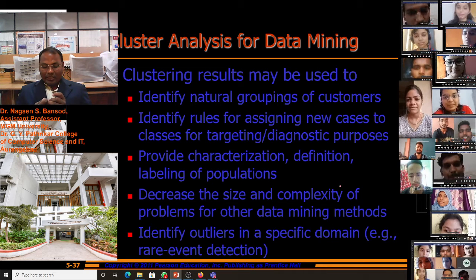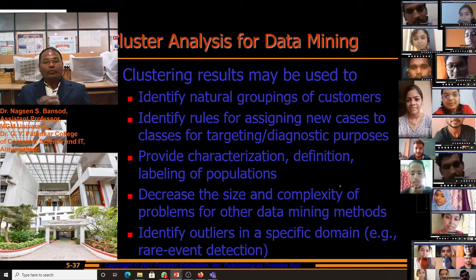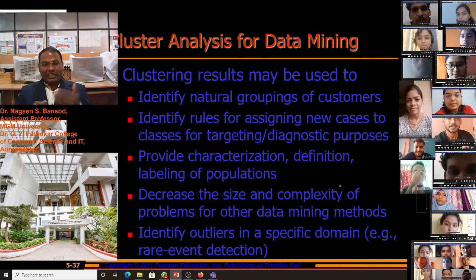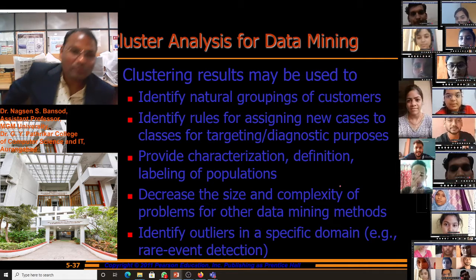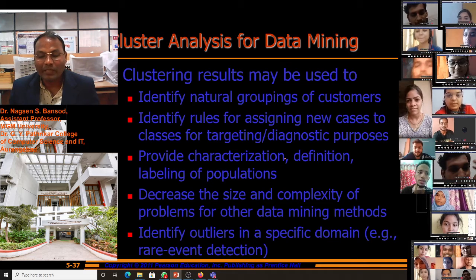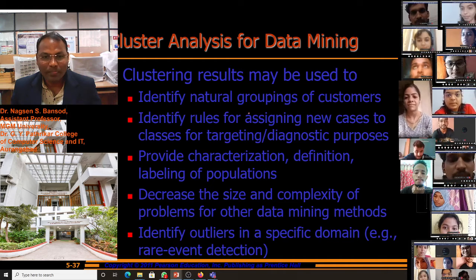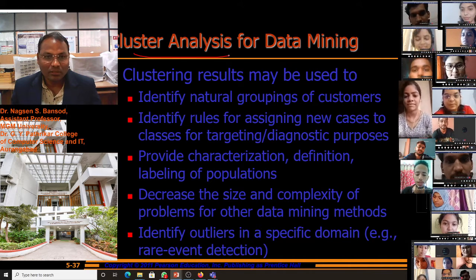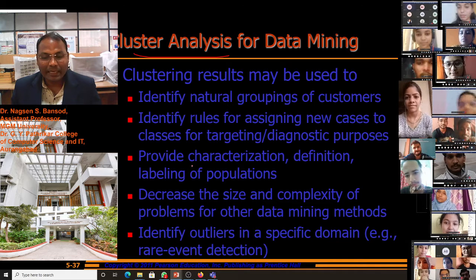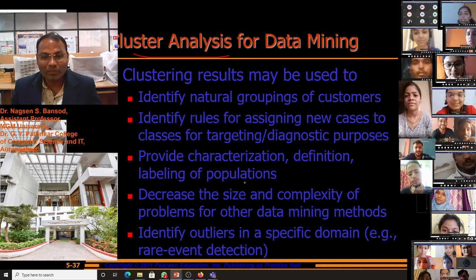If we acquire data from social media, and from many other sources like websites, the internet, search engines, and manually visiting, we have to make the natural clusters by using cluster analysis techniques, and provide the categorization, then definition and labeling of the populations.